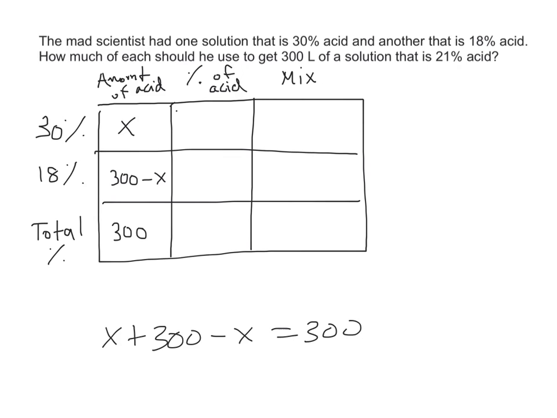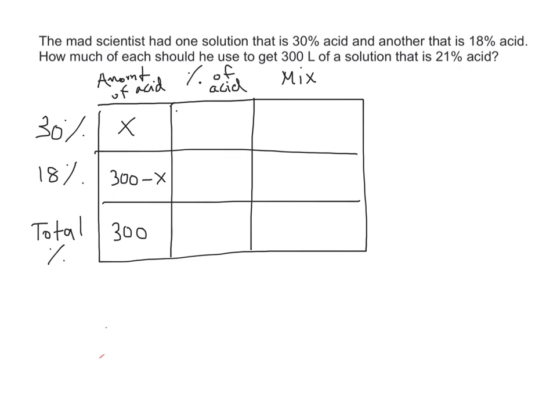At the end, the x's still cancel each other out, and we'll have 300 equals 300. Alright, so let's go to the next column. And for this column right here, all we did was just add them to find the total, 300 liters.